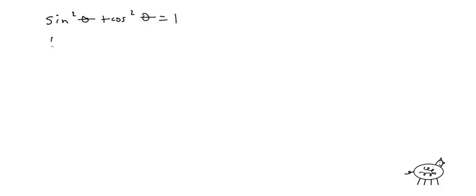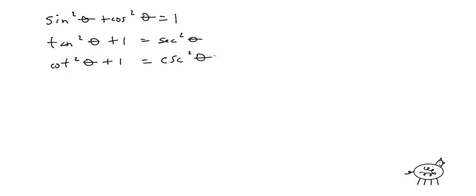Then tangent squared of theta plus 1 equals secant squared of theta. And then cotangent squared of theta plus 1 equals cosecant squared of theta. Okay, so those are our Pythagorean identities.